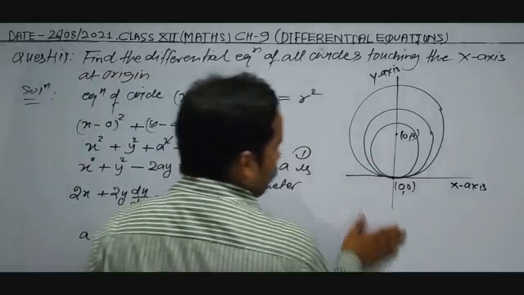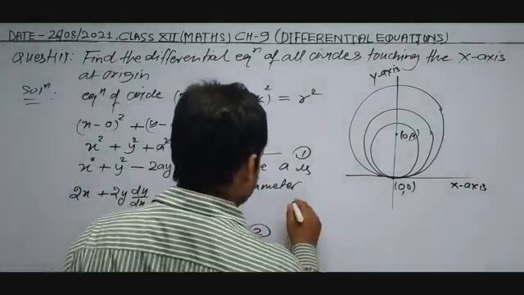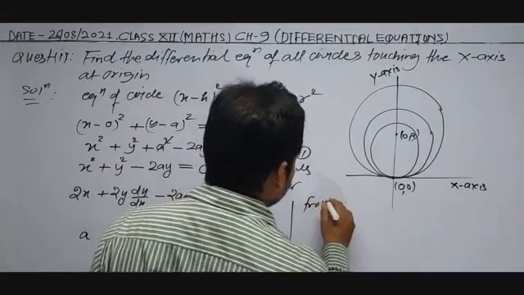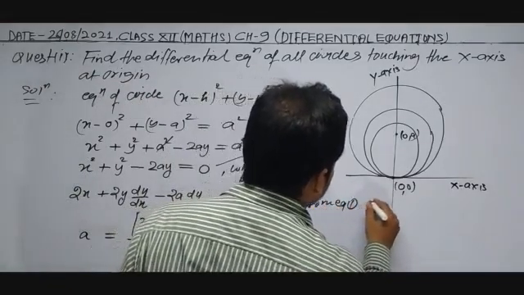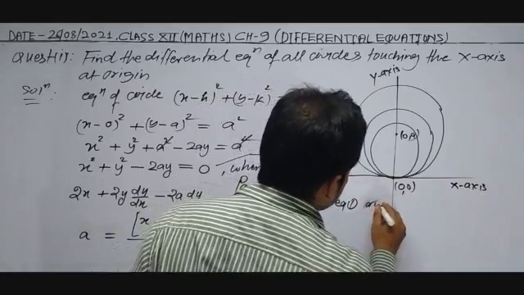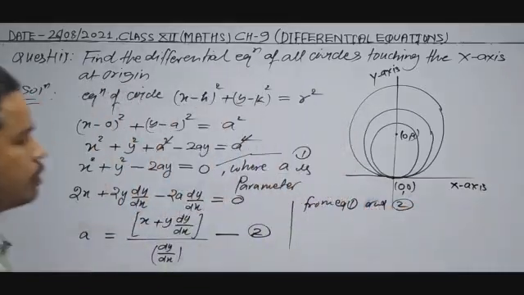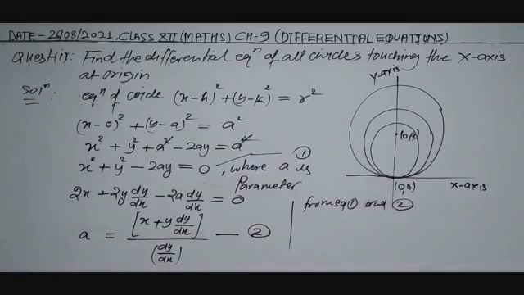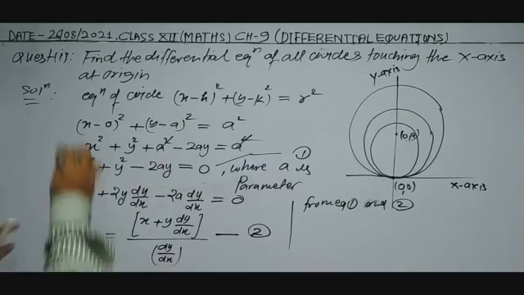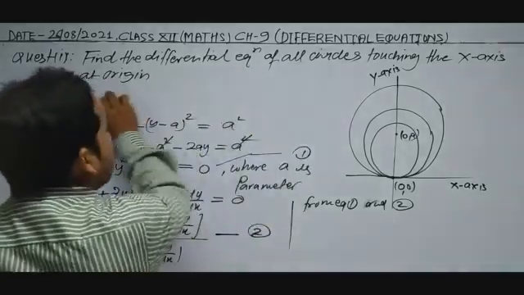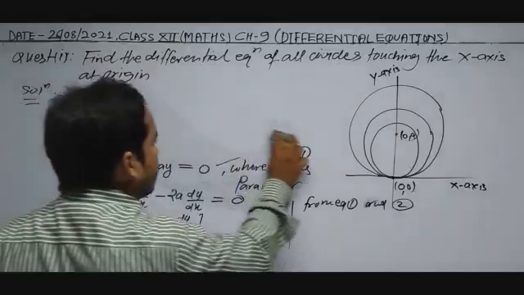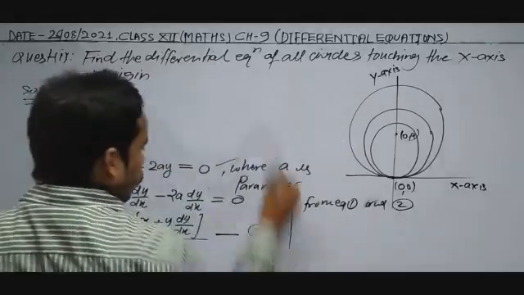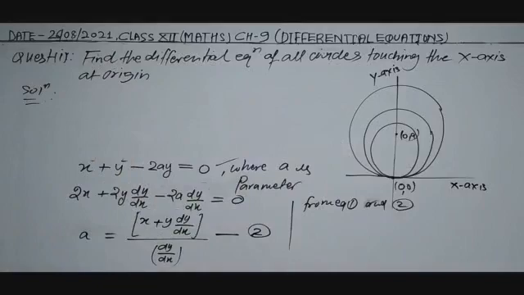Now see, from equation 1 and 2, put the values. So what will you get as the result? We are going to put a in the equation, using 2 in 1.